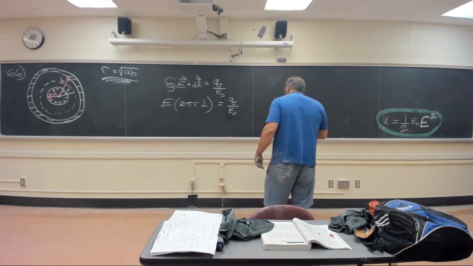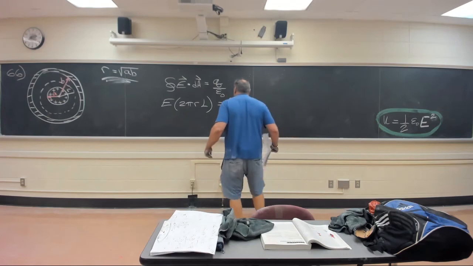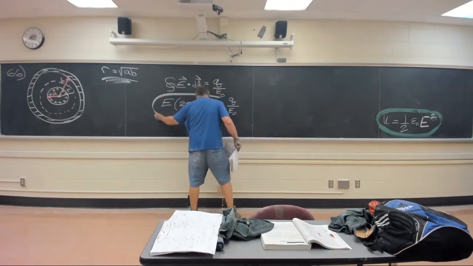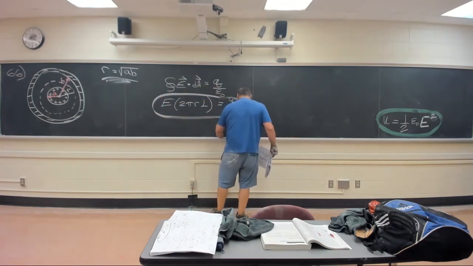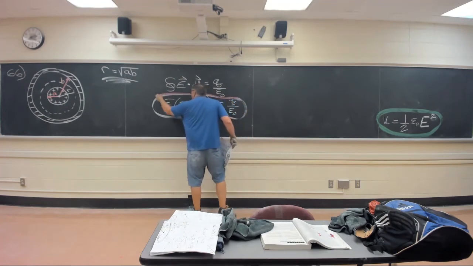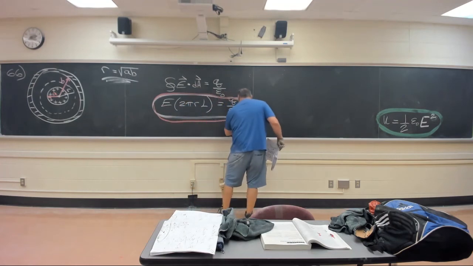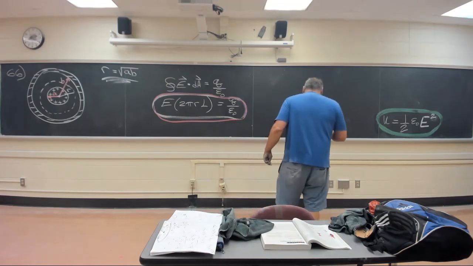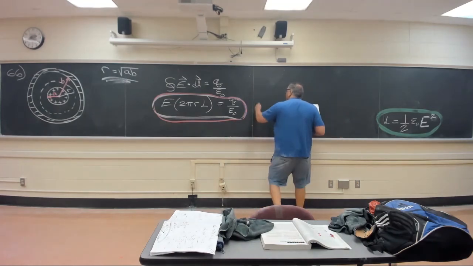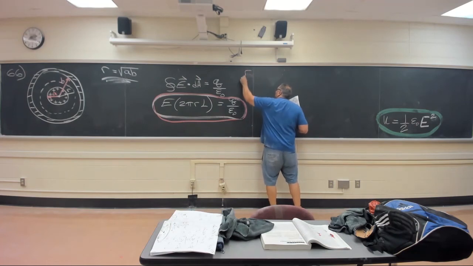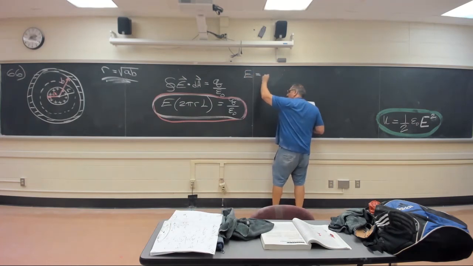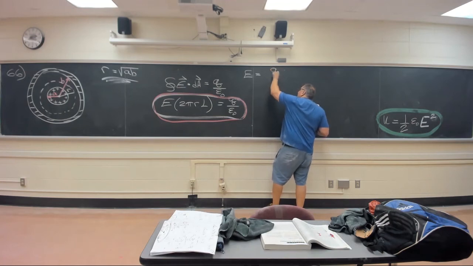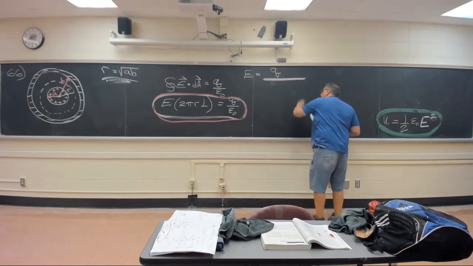True. If that's the case, and it is, E is going to equal Q over 2 pi r L epsilon naught.